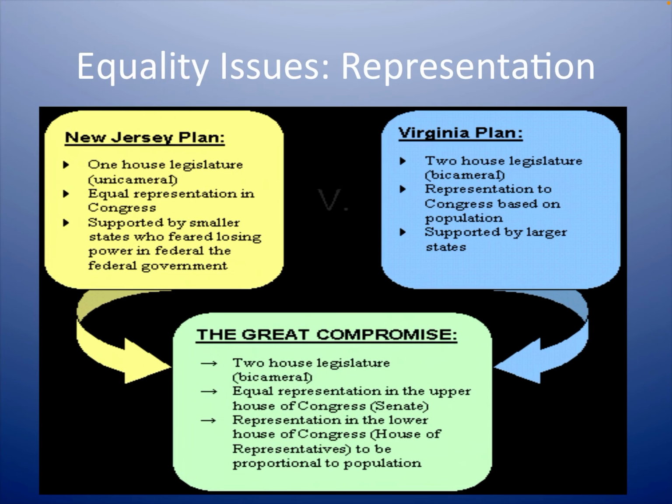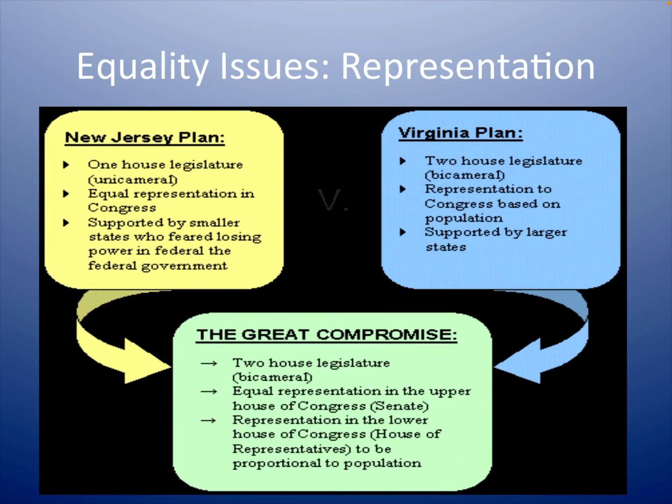Now, when it was decided that there would be a new form of government, that we would scrap the Articles of Confederation, there are going to be a couple plans that are put into motion. The New Jersey plan, which was known as the Small State Plan, proposed that we replace the Articles of Confederation with a unicameral legislature, meaning one house, just one Congress.